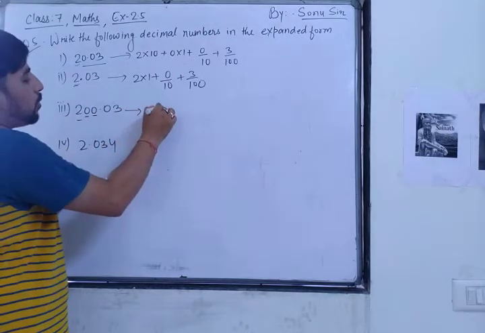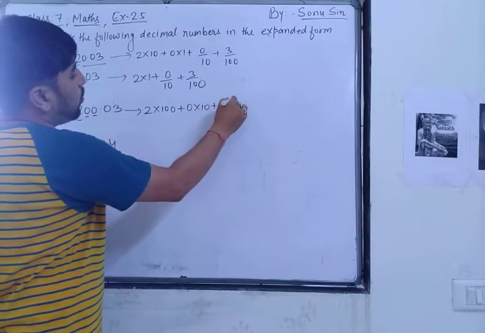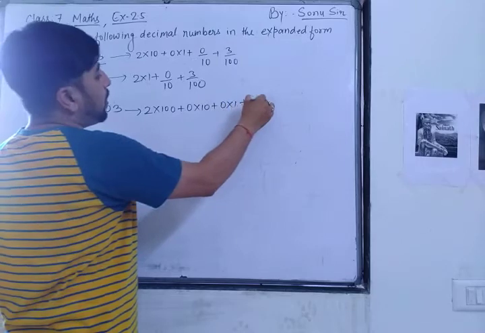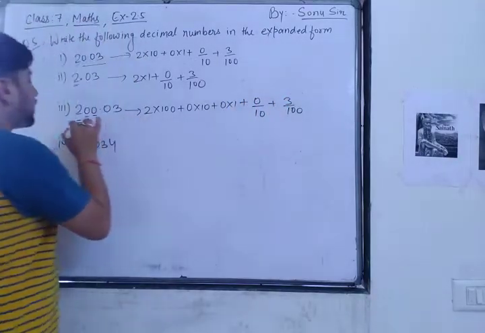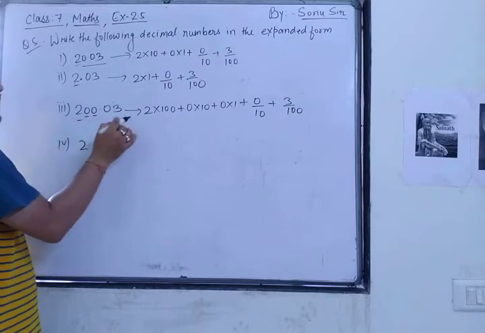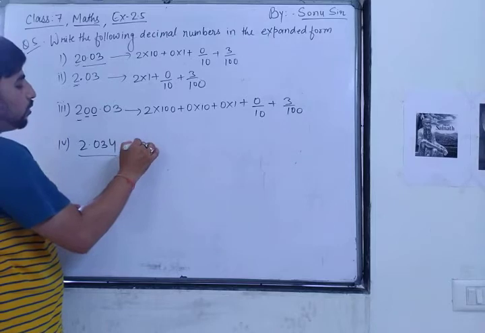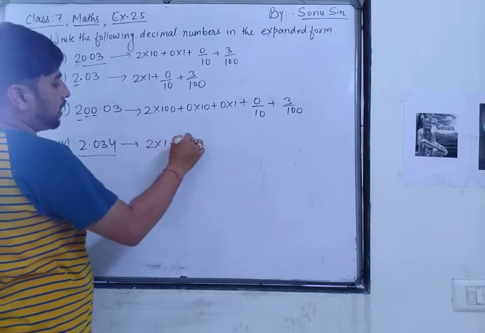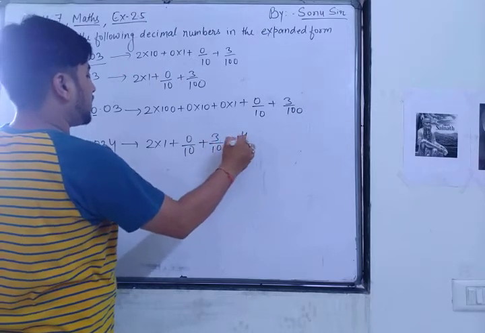So 2 into 100 plus 0 into 10 plus 0 into 1 plus 0 upon 10 plus 3 upon 100. In this way we have written the expanded form of 200.03. For 2.034: 2 into 1 plus 0 upon 10 plus 3 upon 100 plus 4 upon 1000.